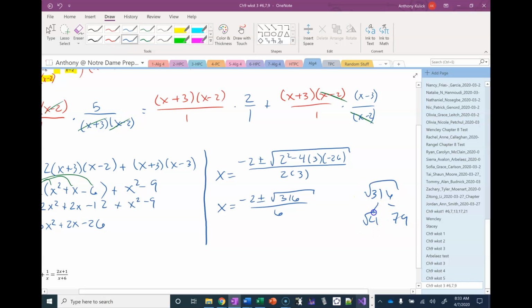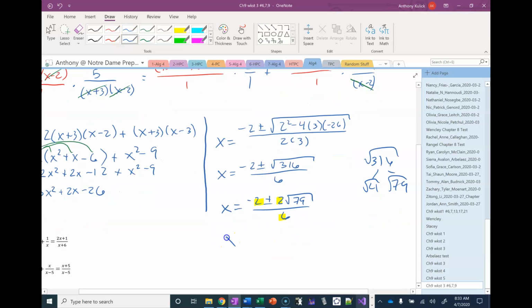So the square root of 316 is the same thing as the square root of 4 times the square root of 79, and the square root of 4 is just 2. Now if you notice that each of these is divisible by 2, I can just reduce this to be negative 1 plus or minus the square root of 79 over 3.